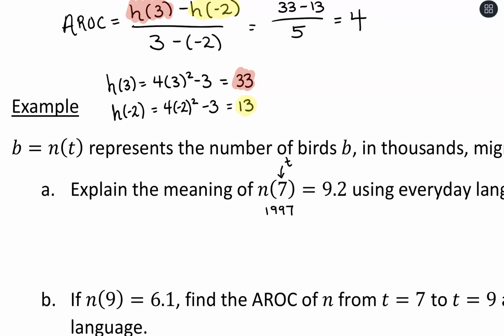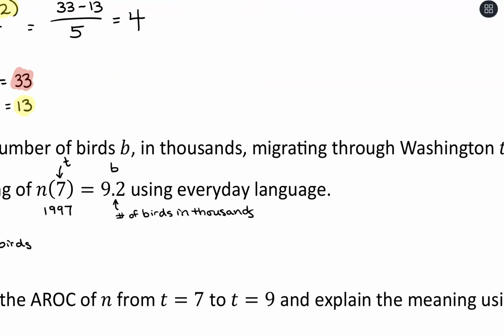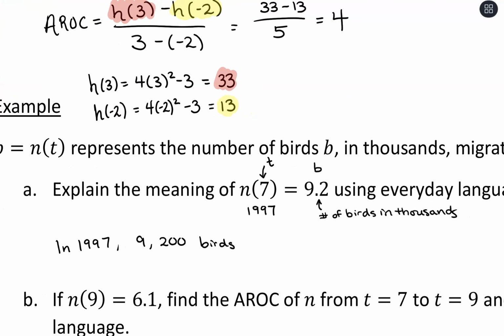And this value of 9.2 is our value for b, the number of birds in thousands. So what I could say is, in 1997, 9,200 birds migrated through Washington.